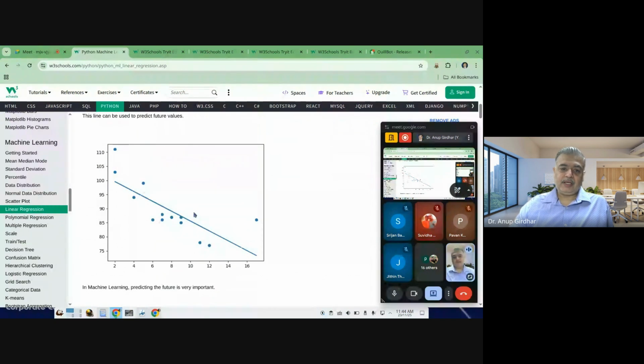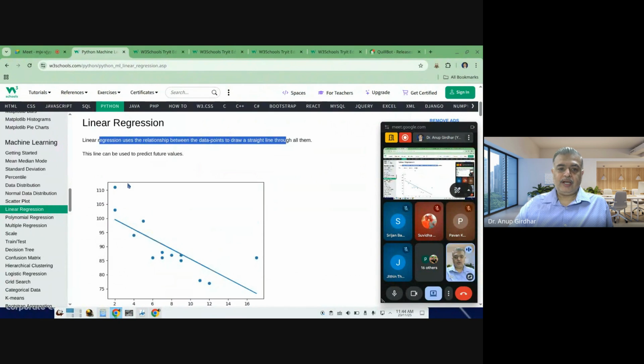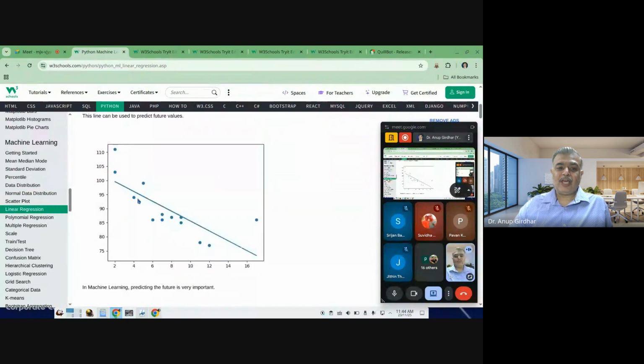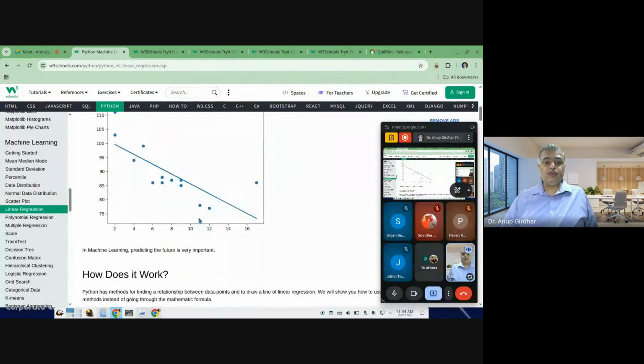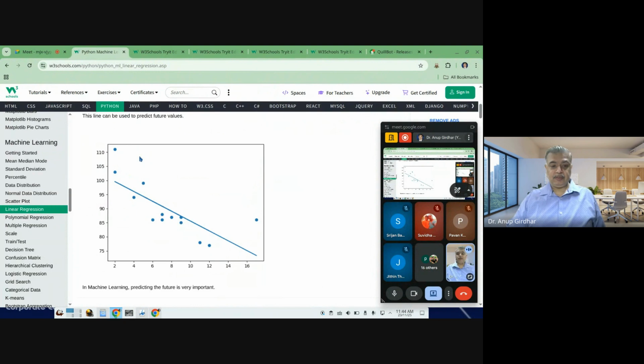You can predict that these are all relevant to that, and the values which are far off are the outliers. These outlier points try to make changes in this decision line or regression line, so we can identify that on that basis.